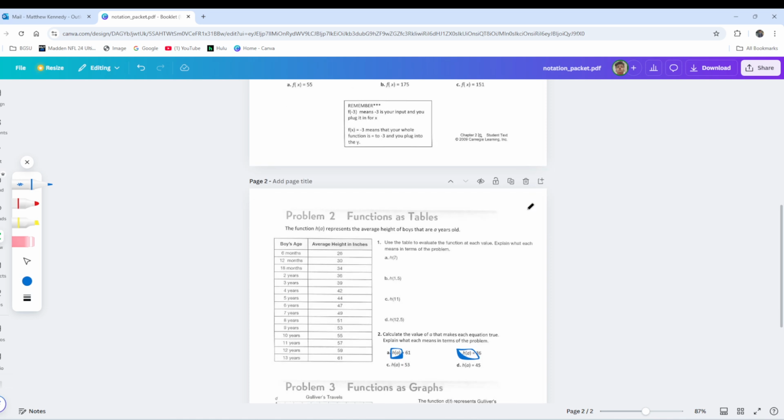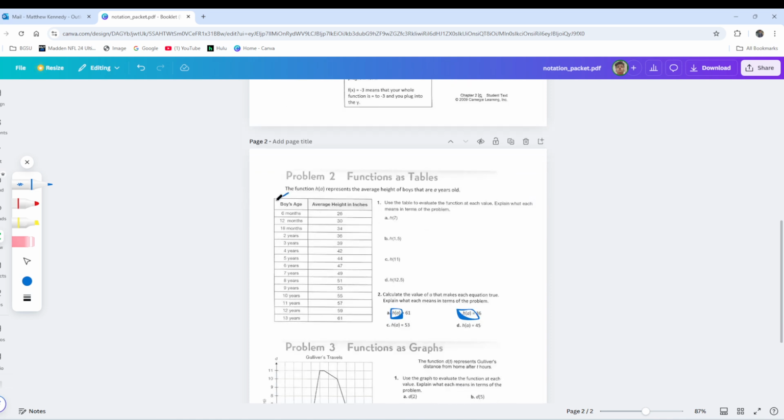When I have charts, there's going to be an independent variable and a dependent variable. It doesn't really matter if it doesn't say xy, it is going to be xy. It is just inferred in the math world that anytime you have a table, one of them is going to be x, one is going to be y, one independent variable, the other dependent variable.